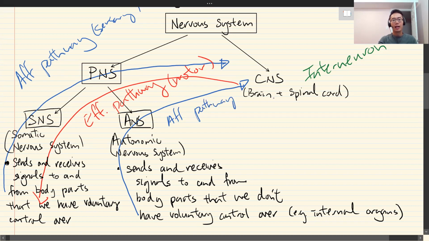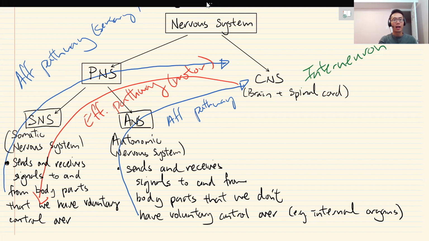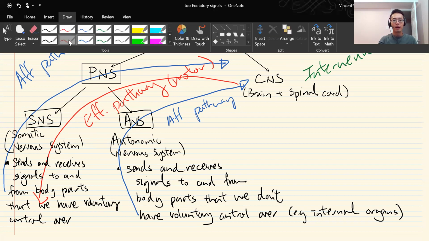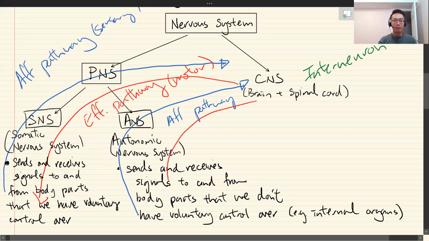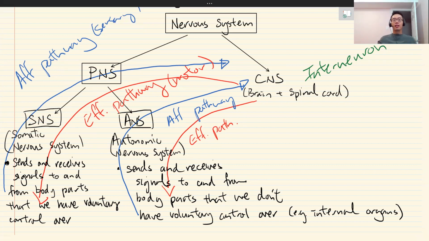And then you will also have the efferent path going to the ANS as well. So both SNS and ANS have the receiving end.